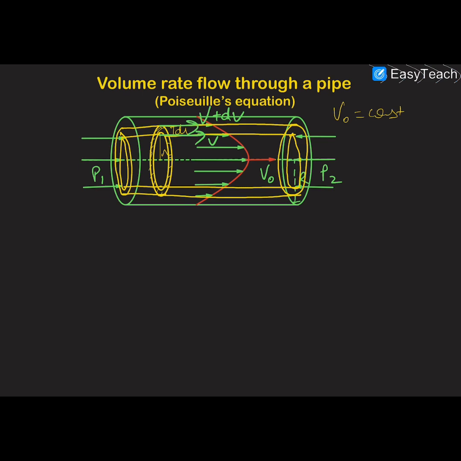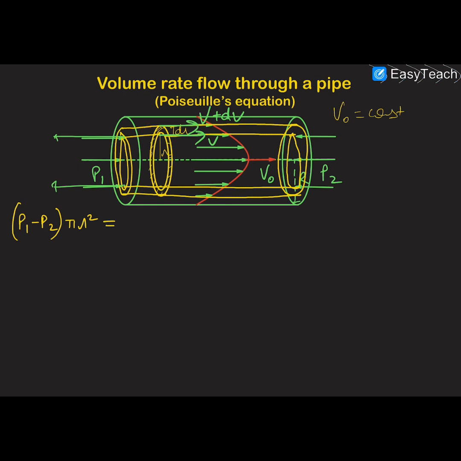So we can say that the pushing force developed is P1 minus P2 into the area of the cylinder, pi r square, with small r, because we are talking about the cylinder which has a radius of small r. And this pushing force is being counterbalanced by the viscous force Fv applied by the top layer.